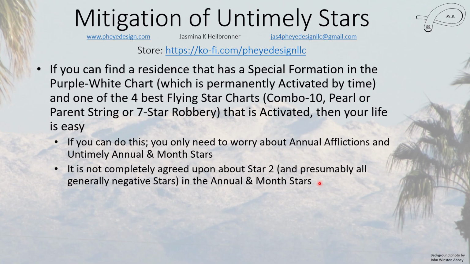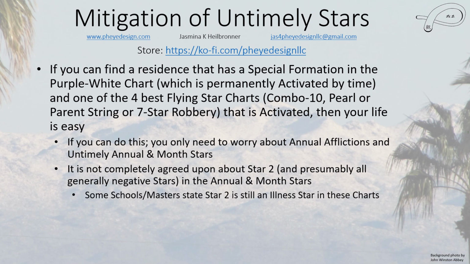Some say that star 2 is still untimely in these 2 charts, even though they're timely in these 2 charts, which doesn't make a lot of sense to me. So some masters state that star 2 is still an illness star in the annual and month stars.